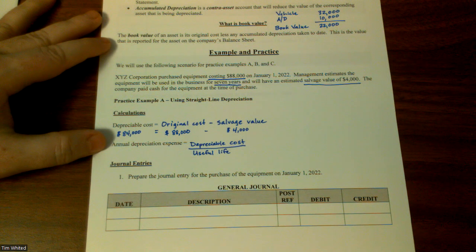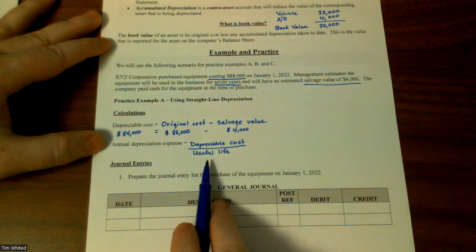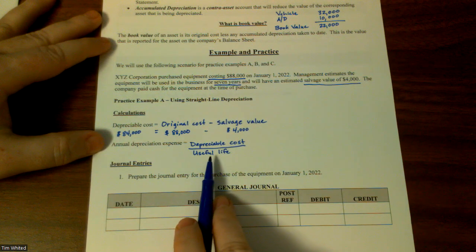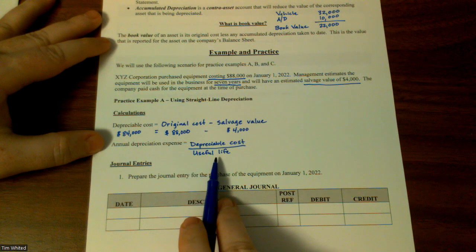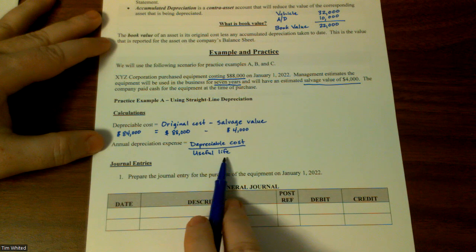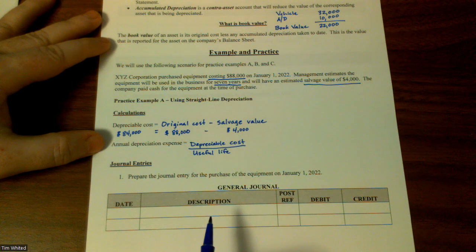You're not locked into only doing it annually. You can do it for whatever time period you want. So if you're doing it by quarters, then you would divide by the number of quarters in the useful life. If you're going to use monthly depreciation, then you can divide by the number of months in the useful life. But we're going to use years in this example.